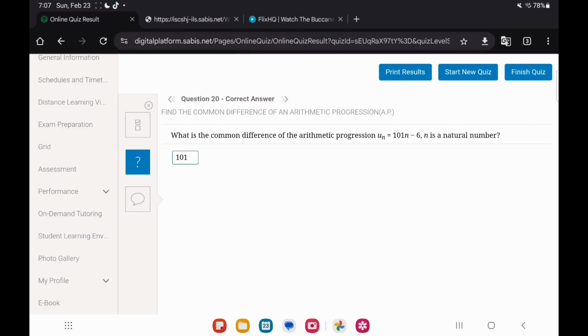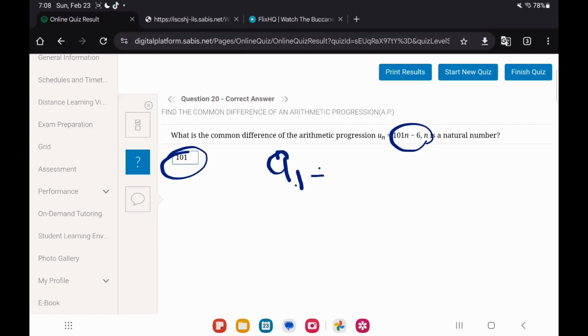Question number 20. You can use any numbers to find the common difference because they didn't give you a number sequence. You don't really need to find more than 2 individual ones. The easiest ones to find are A1 and A2 because then it's only the first 2. They already gave you the formula to put it into.